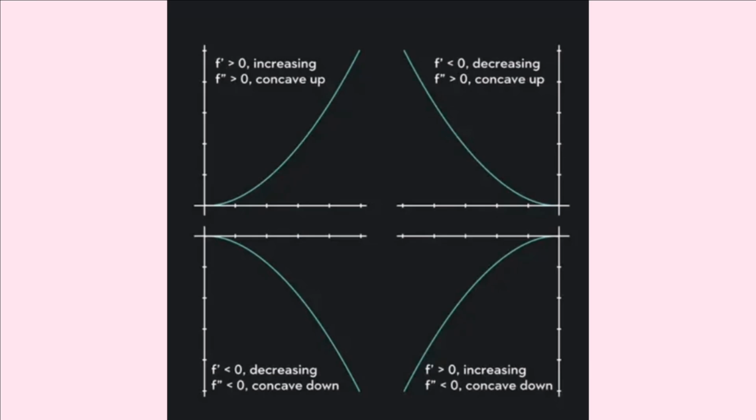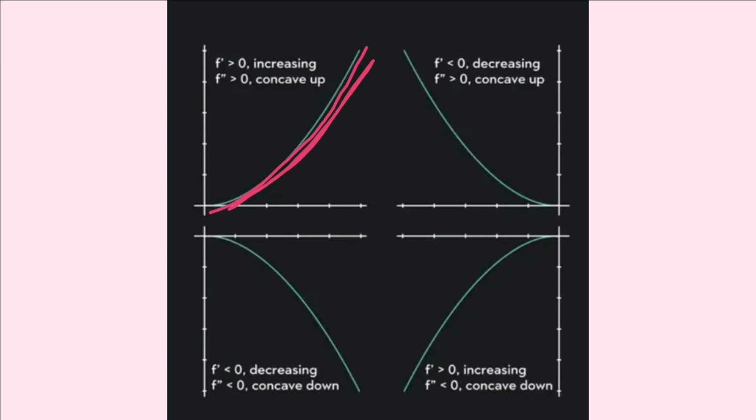On the second graph, the function is increasing, means first derivative greater than 0, and the function is concave up.